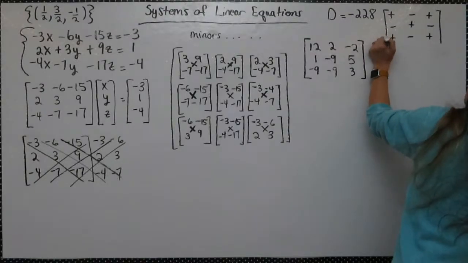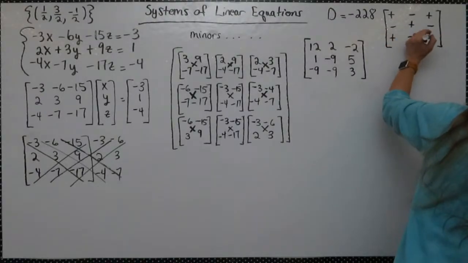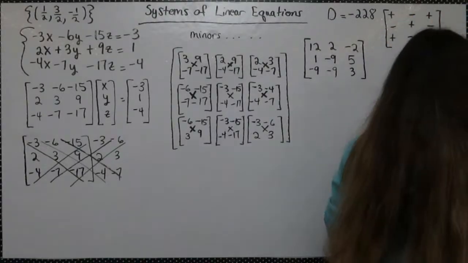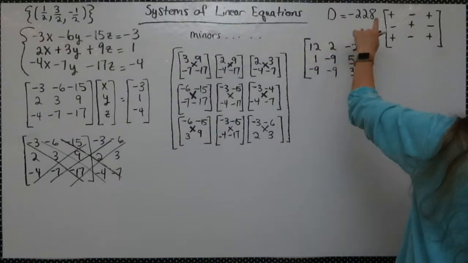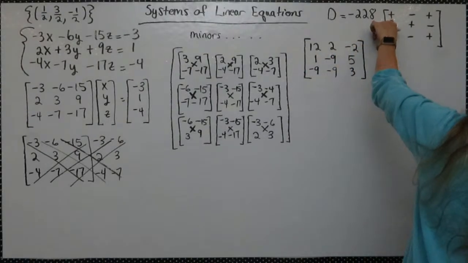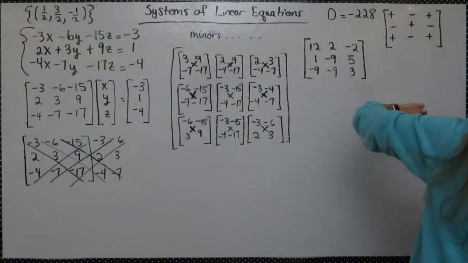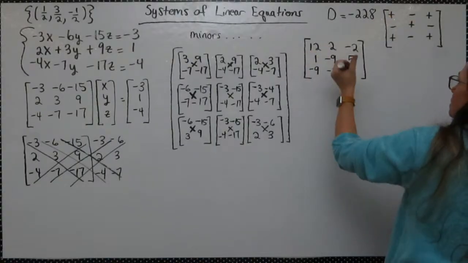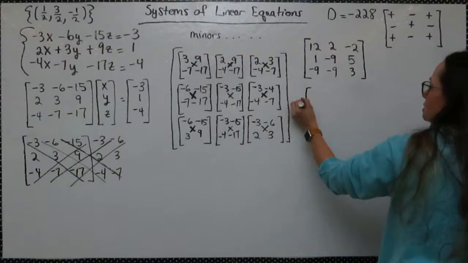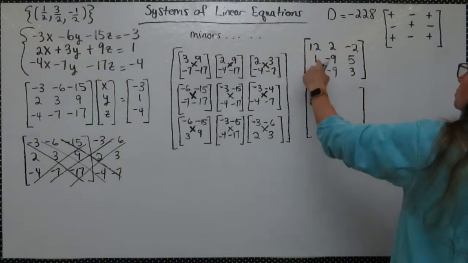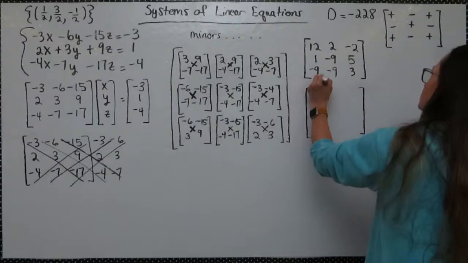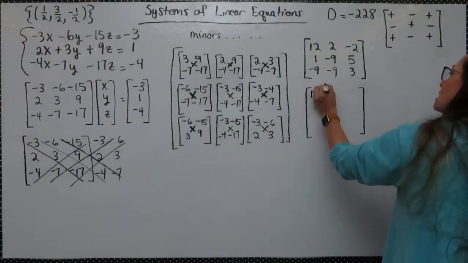All right. And so this is the cofactors. And what we're doing is we're multiplying each one of these entries by a 1, either a +1 or a -1. So that we're going to restate this matrix using the cofactors. All right, so 12 is going to stay positive. 2 is going to become negative.